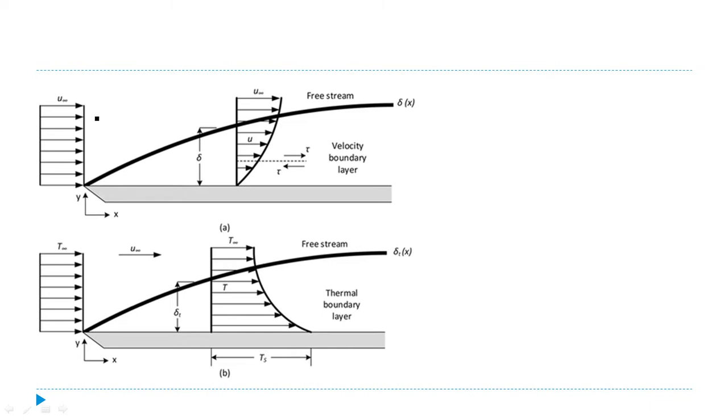So as you can see here, the first one is called a velocity boundary layer, and this is the second figure, known as a thermal boundary layer.